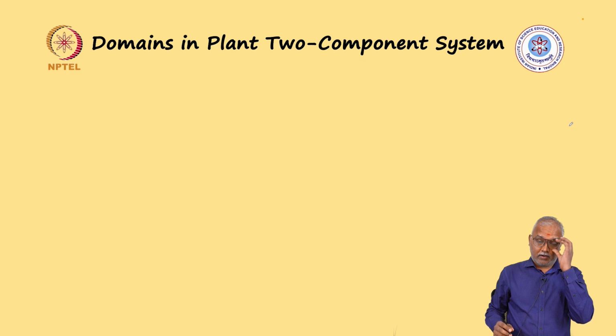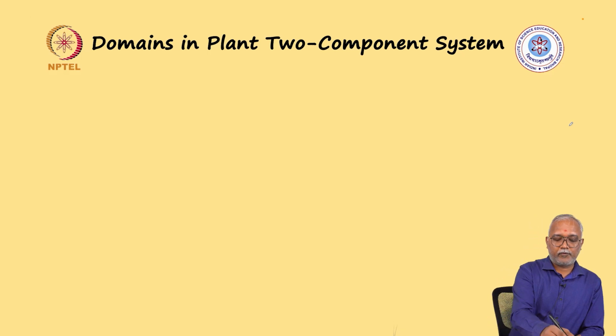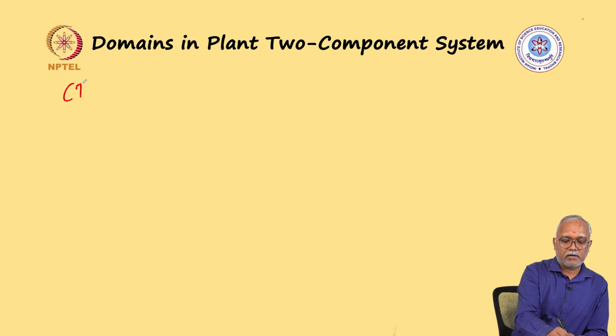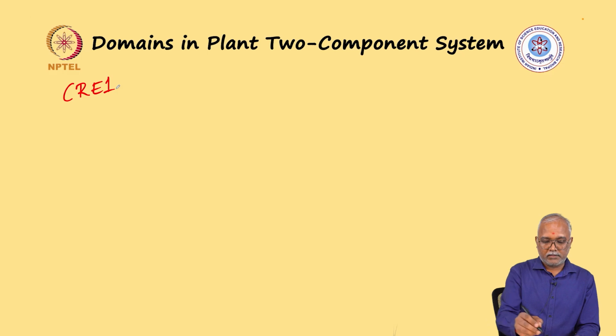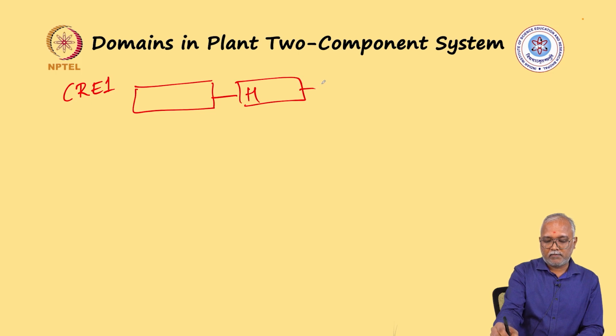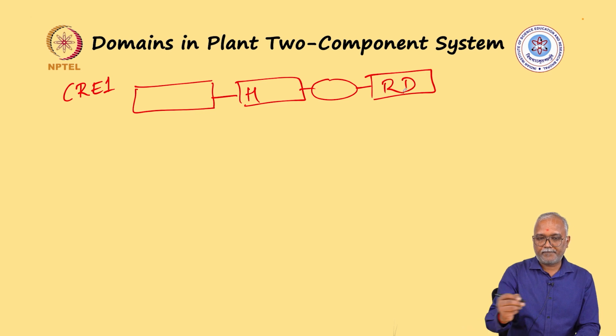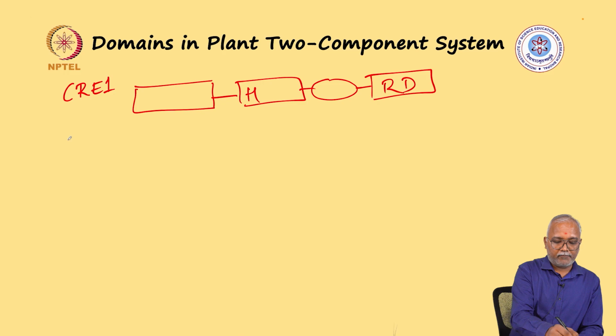Now if you look at the domain arrangement, more so in terms of understanding how they will function, you will realize that if you take the example of the cytokinin response receptor kinase, it has obviously an N-terminal domain, and then the histidine kinase domain, then an additional domain, and then finally the receiver domain. You can also have a similar domain arrangement for ethylene response.